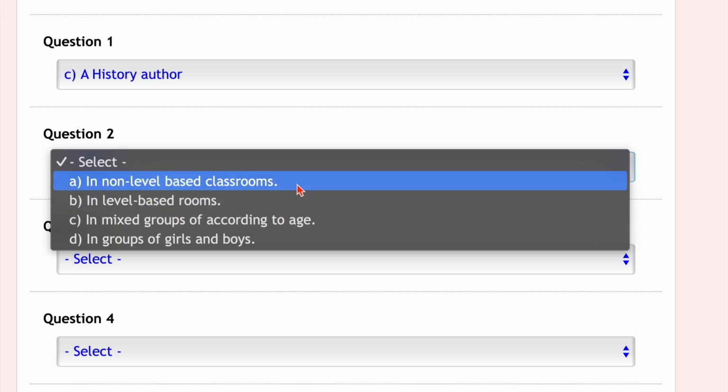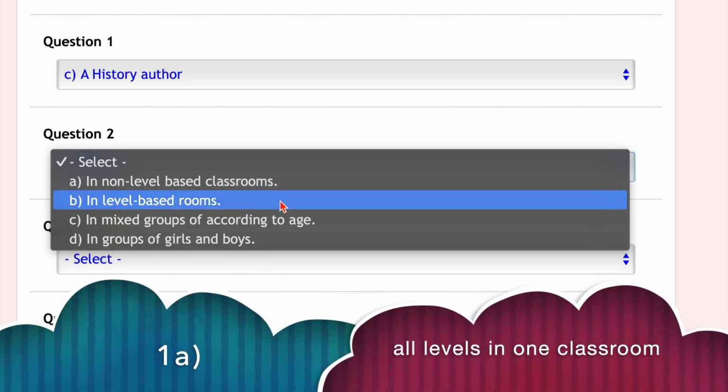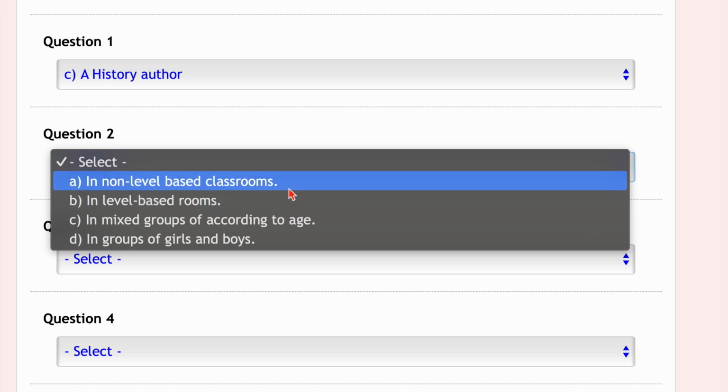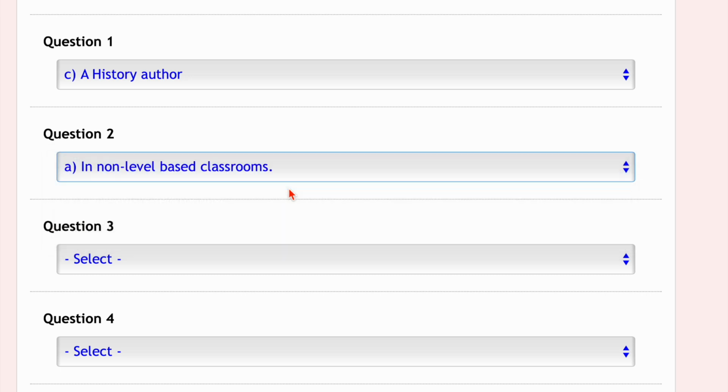So non-level based classrooms. Not level based, because that would mean that each room had a different level. But in here, we only had one room, non-level based. So A is the answer. Okay?